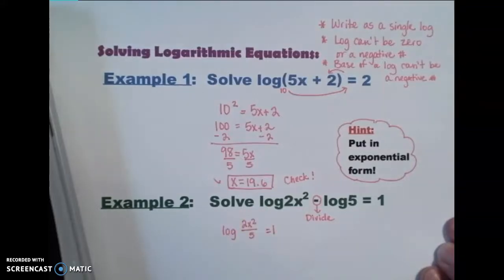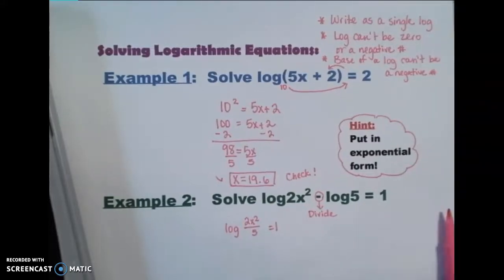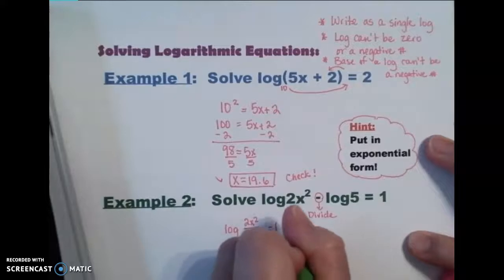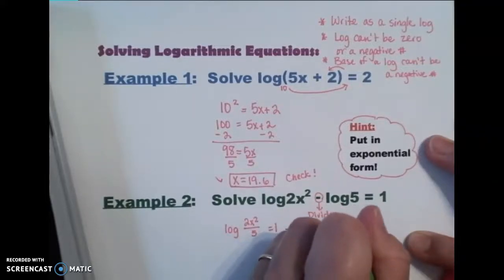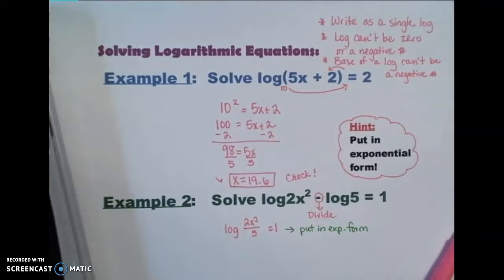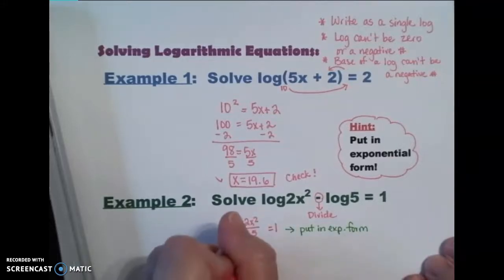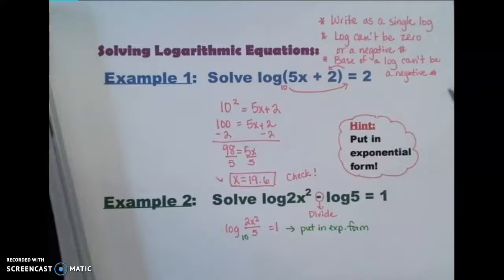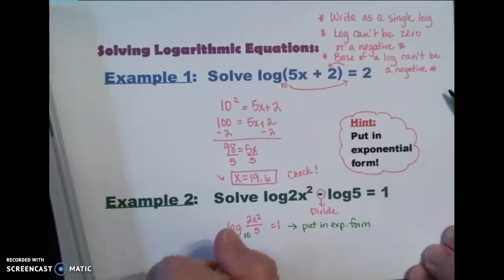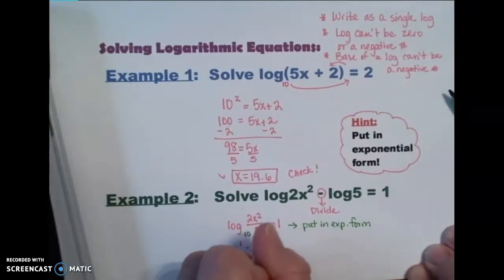So now you're ready to go to exponential form. Again, base isn't there, so it's understood to be 10. So 10 to the first equals 2x squared over 5.